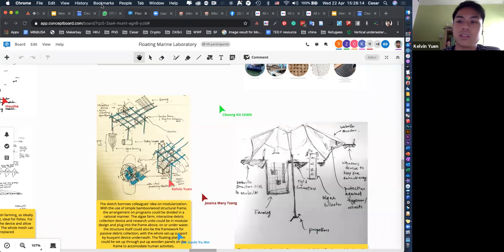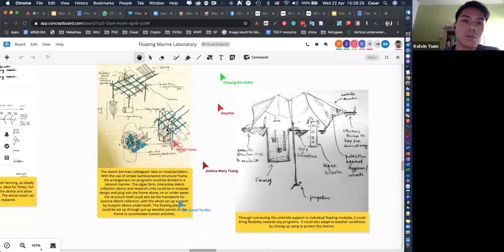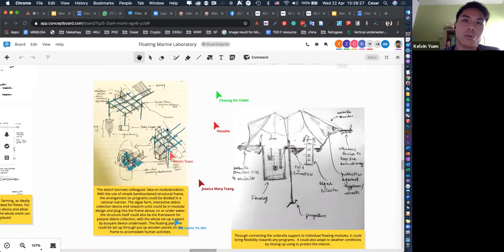It's basically quite similar to Maxwell's, but his is in a circular plan. I'm thinking of it as a more orthogonal form, like the local fish farming platforms that were used.